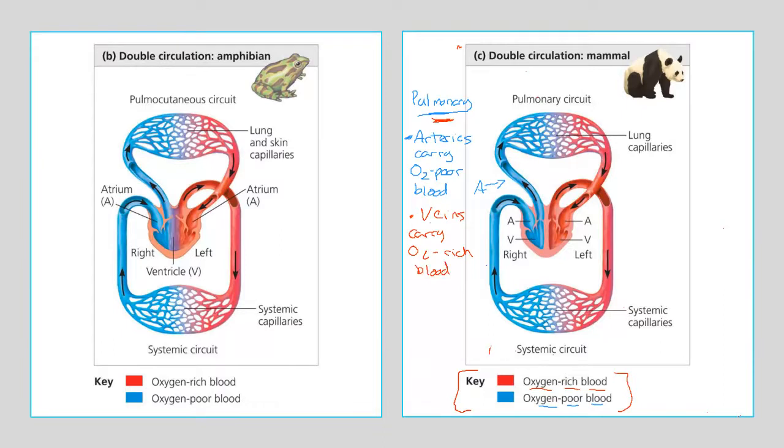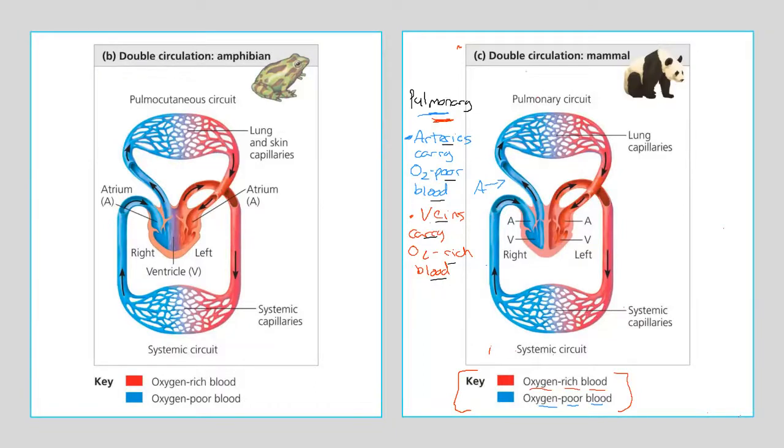Ta-da! To keep this neutral, I'm going to change the color. In the pulmonary circuit, arteries carry oxygen-poor blood, and in the pulmonary circuit, veins carry oxygen-rich blood.